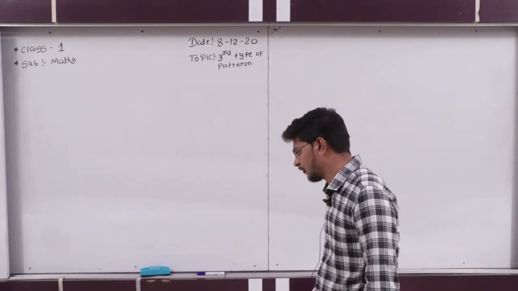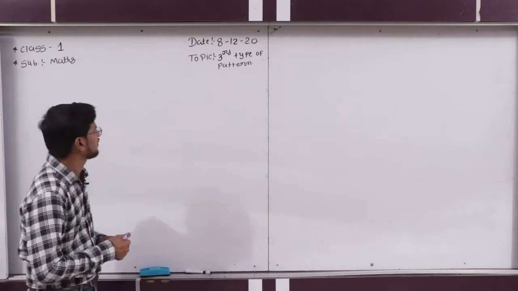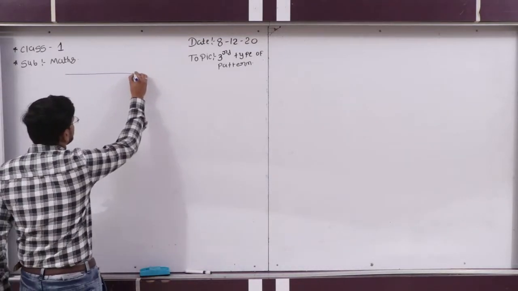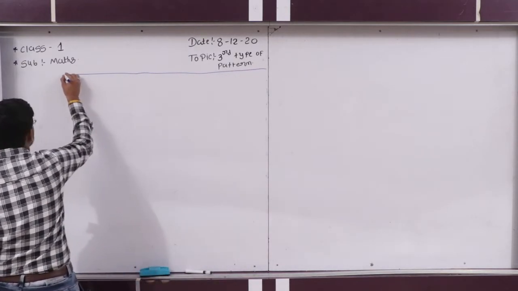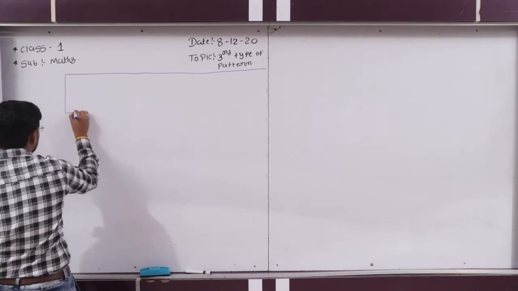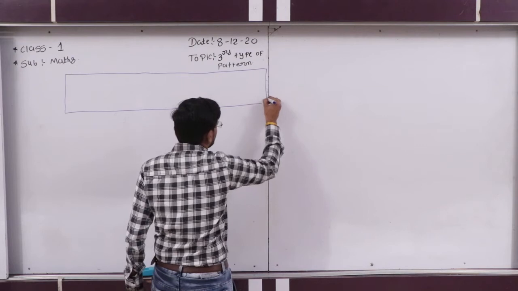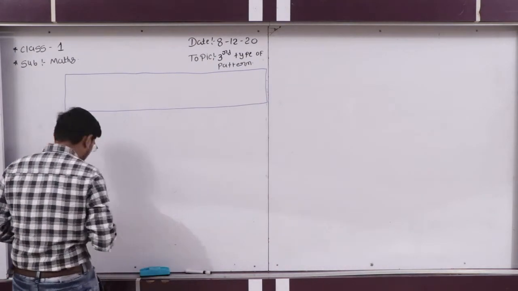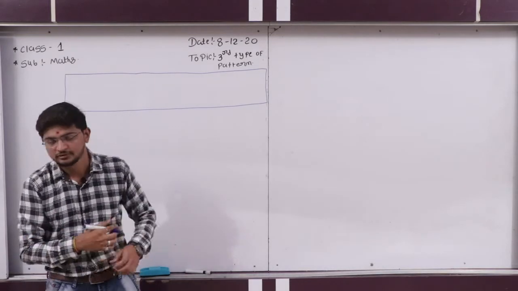So first we draw one table here. For this pattern we need girls and boys.